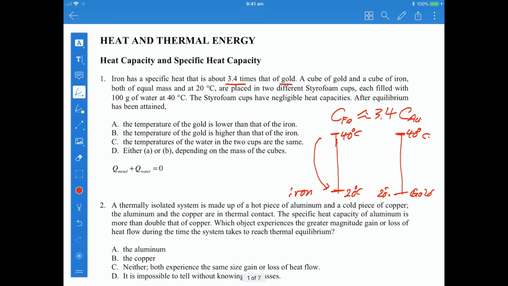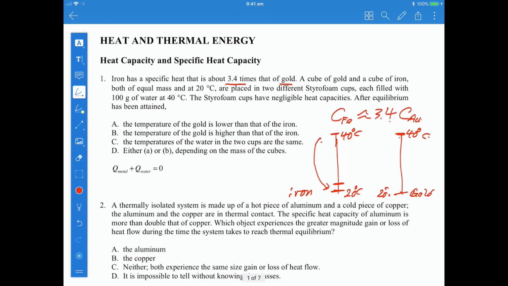in order to rise 1 degree, the amount of energy from water to iron is 3.4 times that of the amount of energy from water to gold.